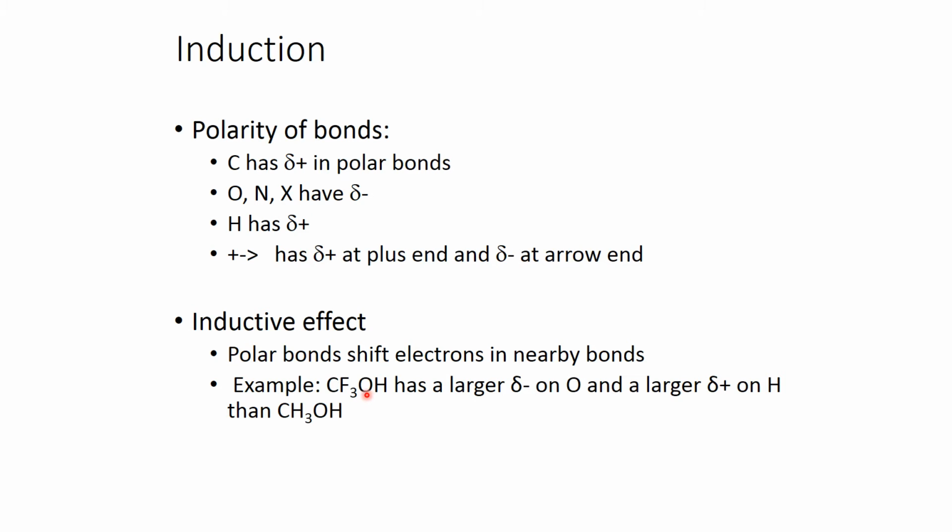This oxygen-hydrogen bond has a larger del negative and del positive on the oxygen and hydrogen than the oxygen and hydrogen in this bond. Why? Because the fluorines are so electronegative, they're pulling the electrons in this bond over onto the oxygen, making a larger del positive on the hydrogen, larger del negative on this oxygen.